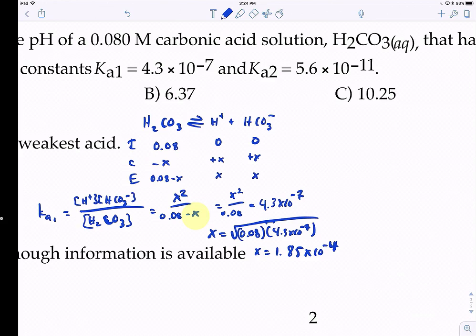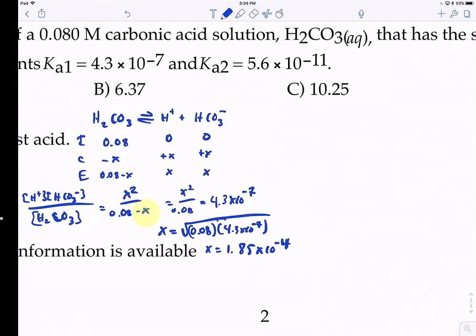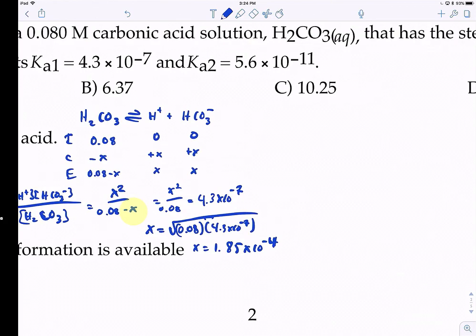Now the second step: you have HCO3 minus in equilibrium with H plus and CO3 2 minus. And you have another initial, change, equilibrium. The difference here is you have 1.85 times 10 to the minus 4, 1.85 times 10 to the minus 4, and 0, and you still shift right.